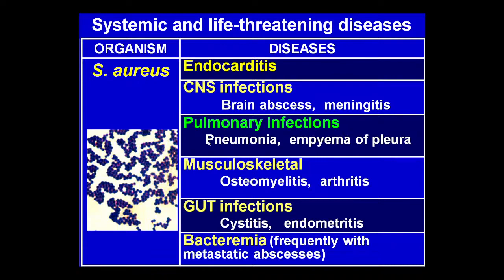And of course, there are very common pulmonary infections such as pneumonia and empyema of the pleura, and that is a very common complication of, let's say, influenza virus infections, where as a result of primary infection, staphylococci get access to not just the upper but also the lower respiratory tract.